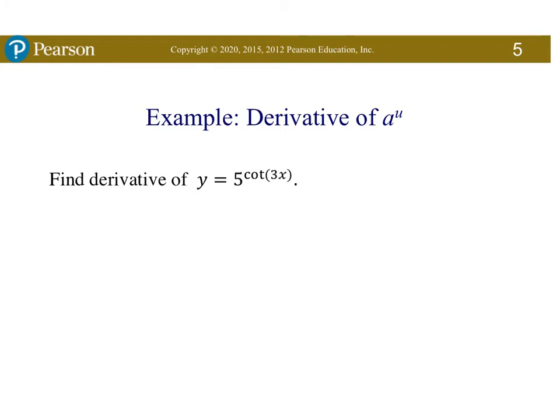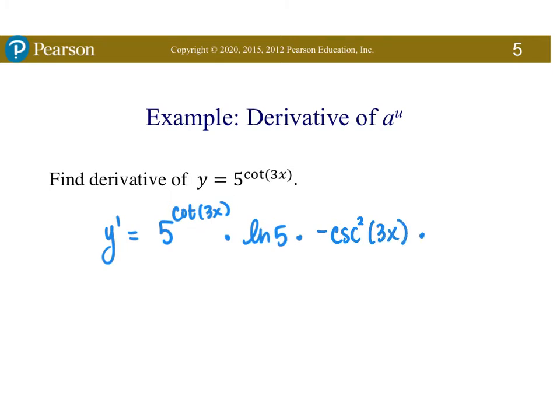Here's another example. Okay, our y prime, because this is an exponential with a constant base and variable power, we'll follow the three-step process. So 5 to the cotangent of 3x is in its own derivative, times the natural log of 5, times the derivative of cotangent, which is negative cosecant squared. And then we're required to use the chain rule, so that would be 3.